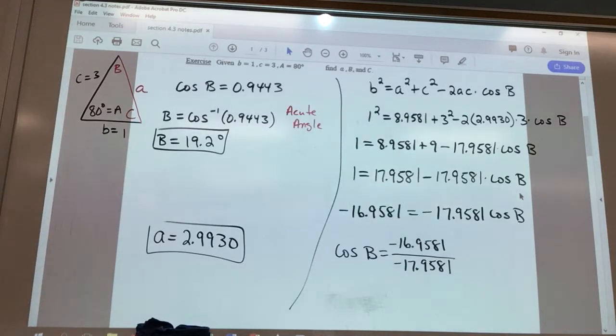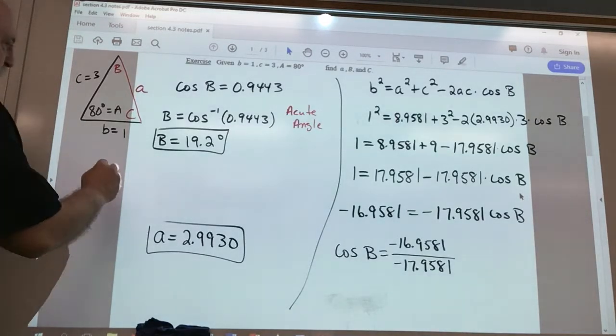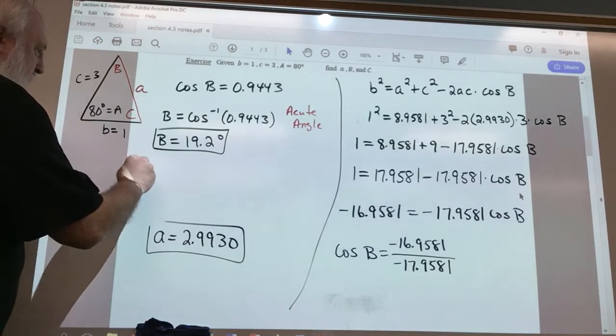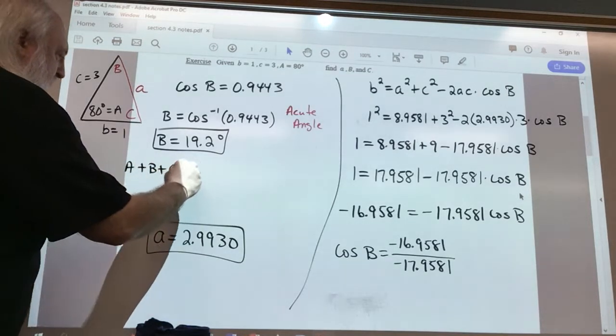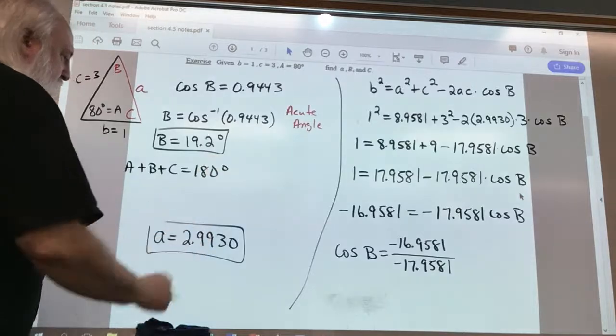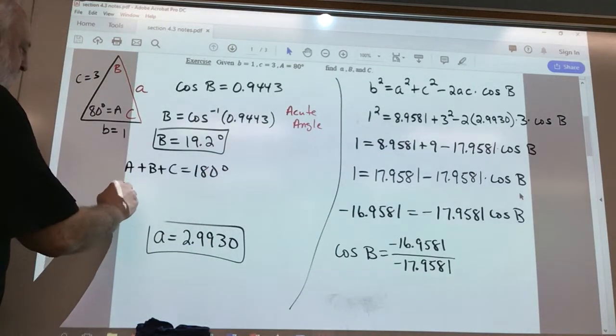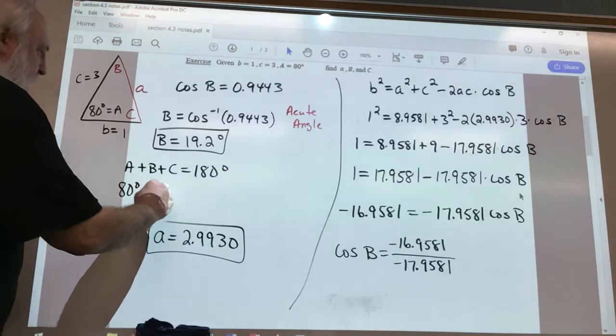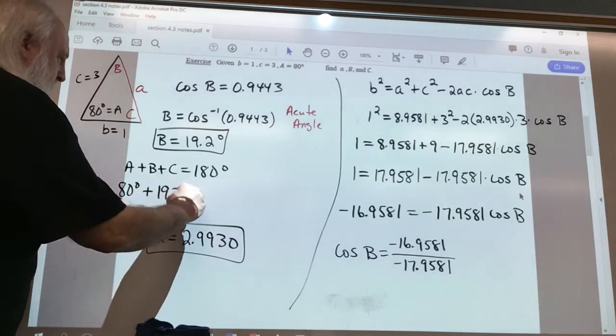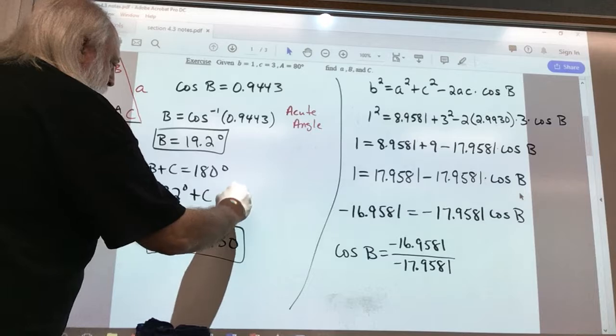Now, to find angle C, we don't have to use the law of cosines, right? We can just use the fourth equation in the rectangle on the previous page. A plus B plus angle C is equal to 180 degrees. So when I plug in 80 degrees for A, 19.2 for B, C is the unknown.